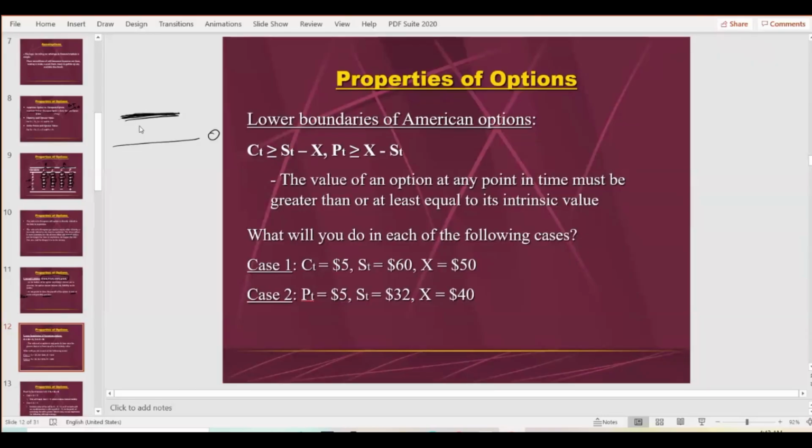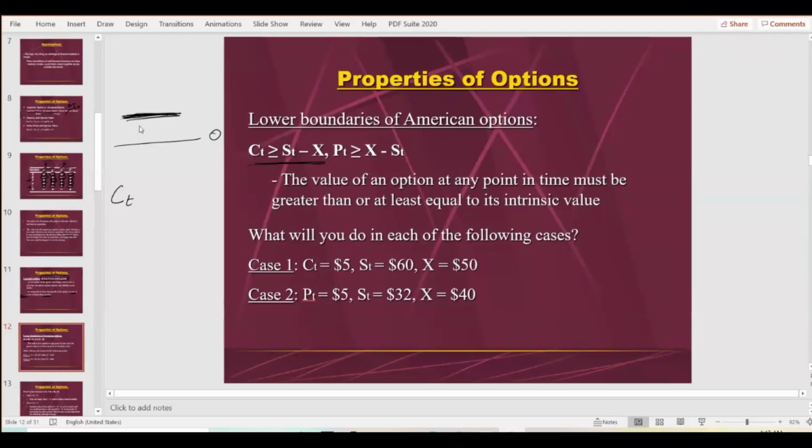Now, for American options, CT is greater than or equal to ST minus X. ST minus X is the payoff or the intrinsic value of the call option. So this is what you will get once you exercise.